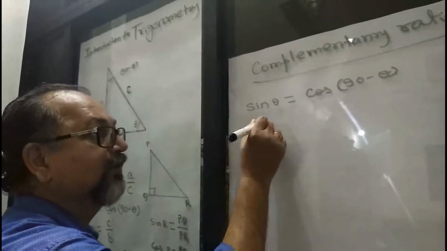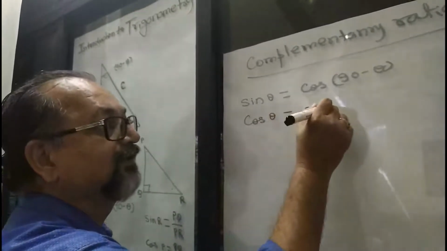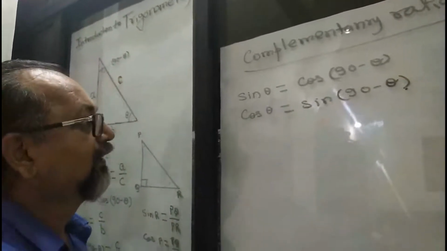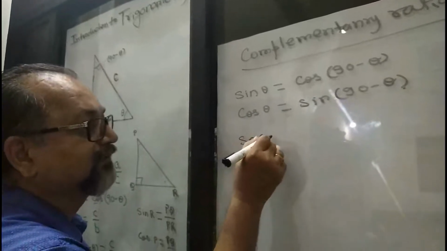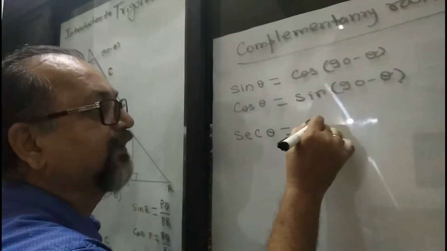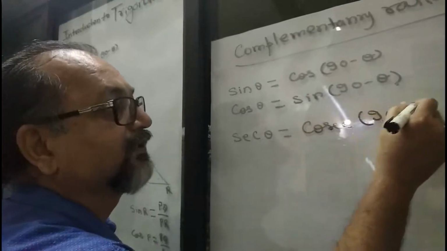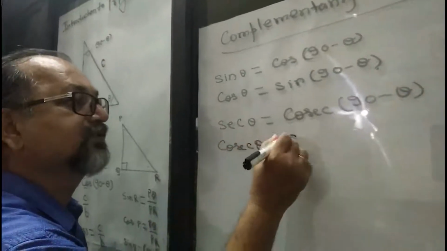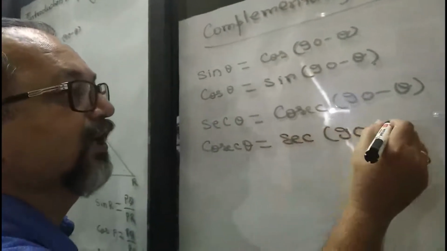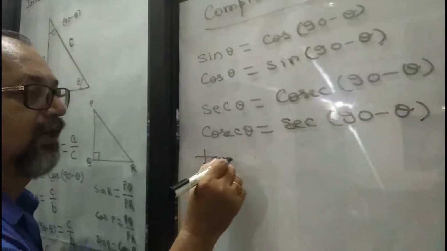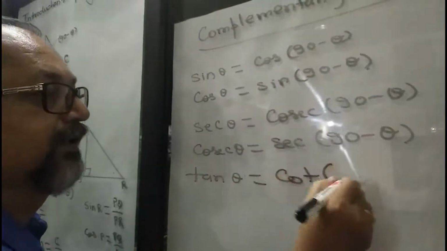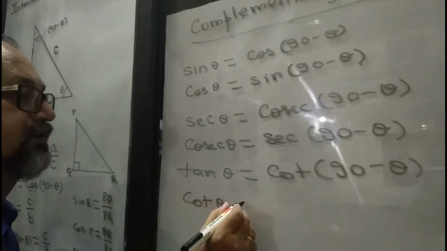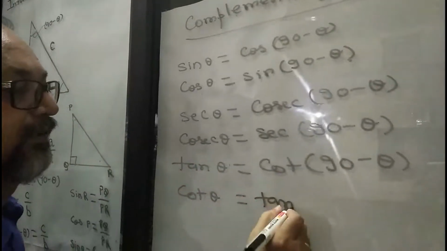Therefore, cos theta would be the same as sin 90 minus theta. Sec theta, which we have already found, is the same as cosec 90 minus theta. Therefore, cosec theta also will be equal to sec 90 minus theta. And tan theta is the same as cot 90 minus theta, and therefore cot theta is the same as tan 90 minus theta.